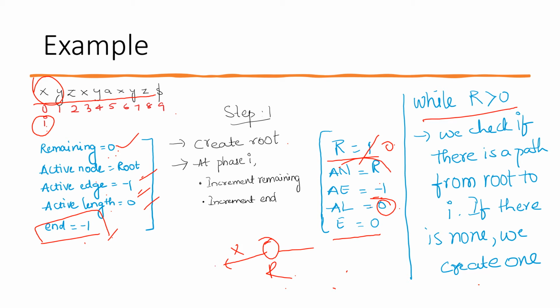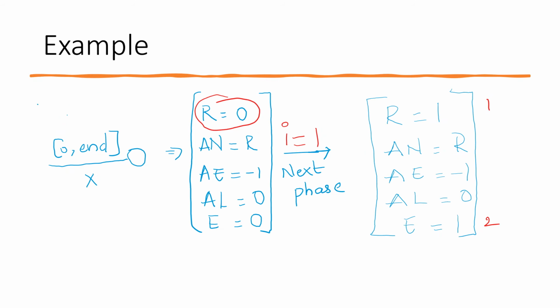The global end is something which keeps incrementing whenever we shift to a new phase, irrespective of these things, but these other things depend upon the remaining. So while remaining is greater than 0, we'll have to keep updating this.